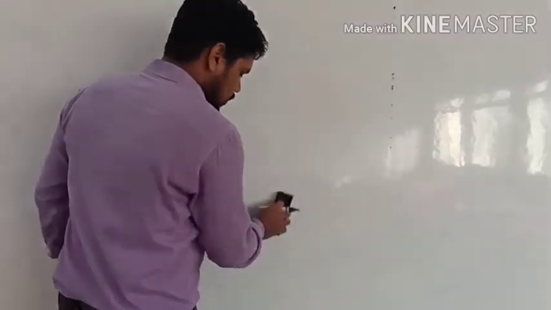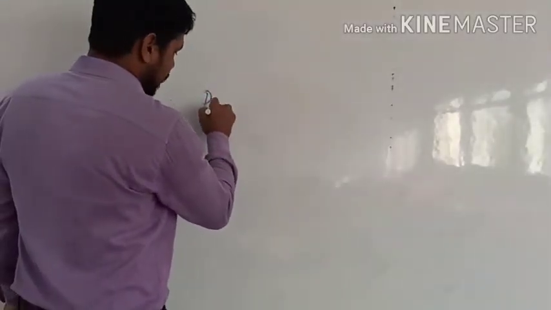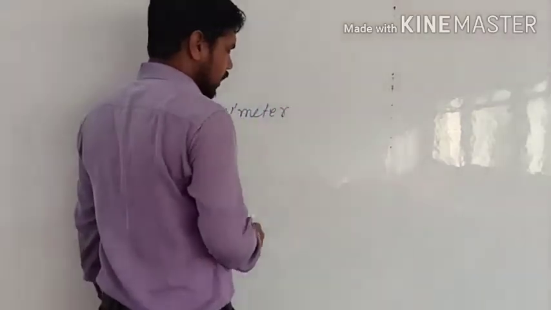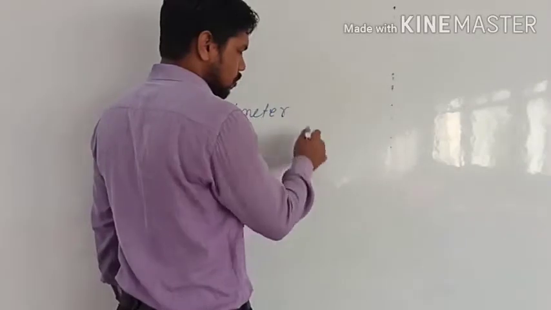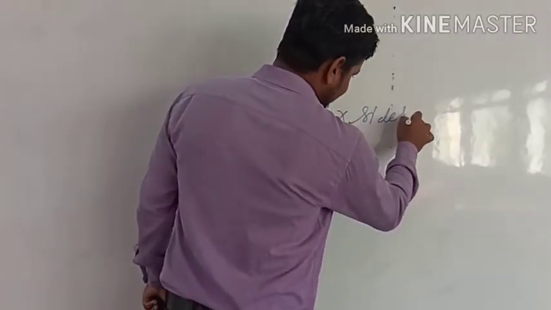After certain observations and calculations, we find some standard rules. For example, if you want to find out the perimeter of a particular region, suppose the perimeter of a square, we know that it is 4 into side.